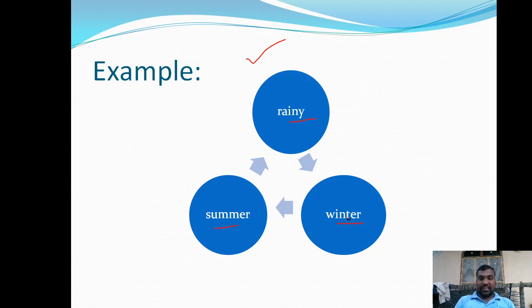From rainy to winter, winter to summer, and summer to rainy, and again rainy to winter, winter to summer, and summer to rainy. So this process is continuously moving. This is a simple example.